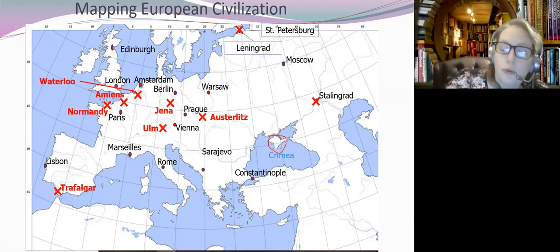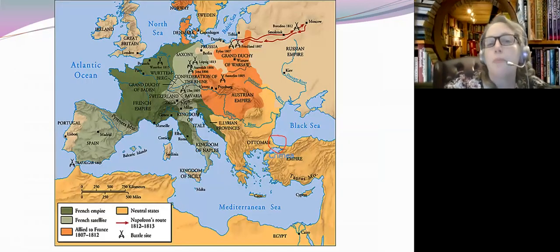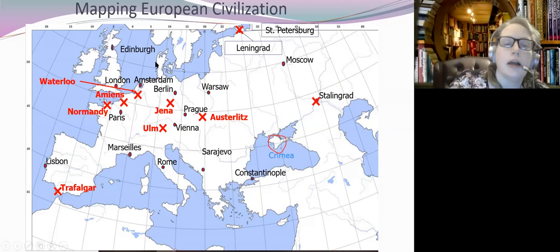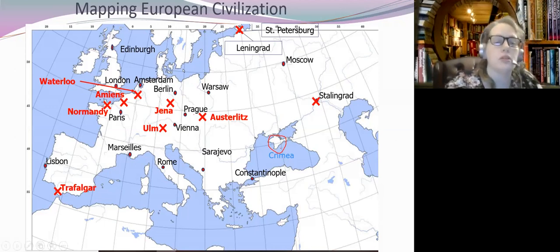With the battles, a lot of it is knowing what country each place is in and kind of what area, so that you know where to go find it. Okay, so keep that in mind. On this map right here, you can see there's Waterloo, and just to the south kind of Amsterdam. I've made it a little bit more distinct.